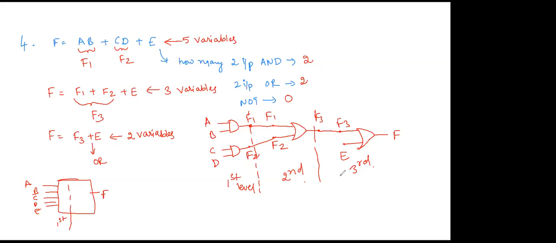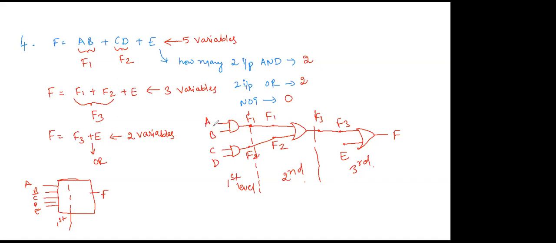And for that, you need to look at the path of the variables passing from input to output. To decide the levels, you need to look at the path of the variables passing from input to output.